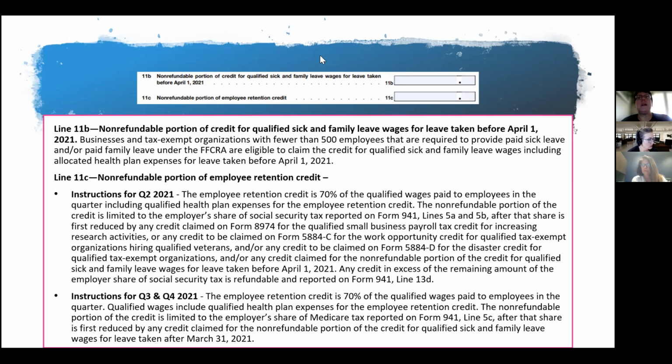You can read through it, and they take it line by line, and they give you instructions for each line. Some of them are just pretty straightforward. You know, like, yeah, duh, no wonder. That is what it is, but I've got other questions on that, and you might have to research it a little bit more. But for most lines, they give you pretty clear and concise instructions of what needs to go on there and where you get the information from.